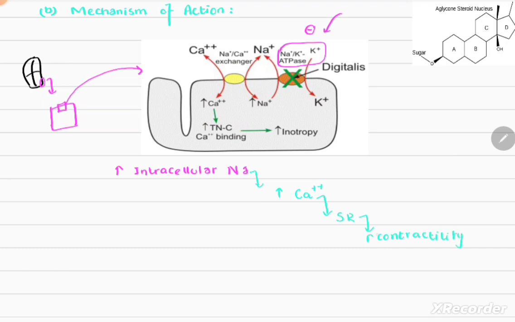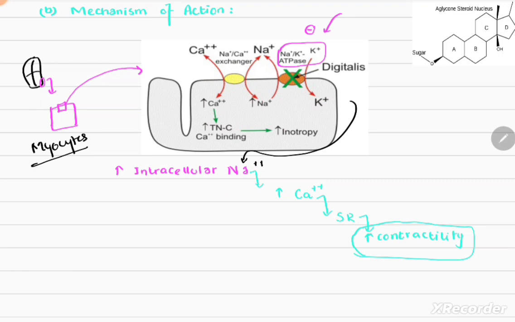So let's recall. This is how we increase the contractility of the heart by digoxin. It will act on the sodium potassium ATPase pump, which is present on the cell membrane of the myocytes. It will cause an increase in the intracellular sodium.